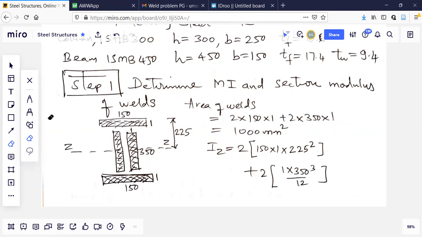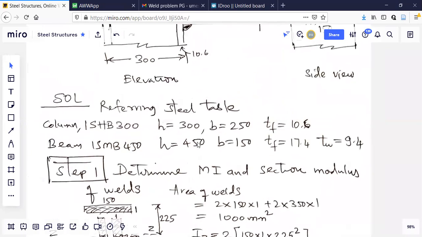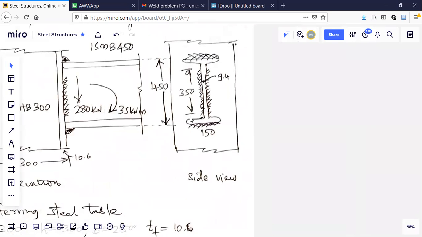You can see here, I don't know whether this has been taught in 6th semester, but observe how it is. These are all 150 with unit thickness. Thickness is unity. The pattern in which the weld is arranged, each weld is taken as an equivalent rectangular section.